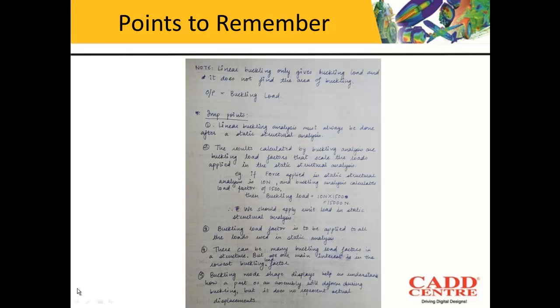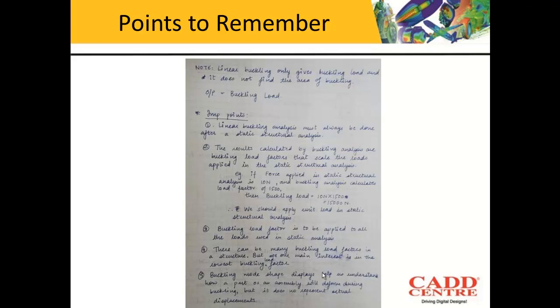The last point that you should remember is that the buckling mode shape displays help us to understand how a part or an assembly will deform during buckling. Once you get the mode shape of the buckling analysis, we can understand the tentative direction of deformation, but it is not the actual representation of the displacement.